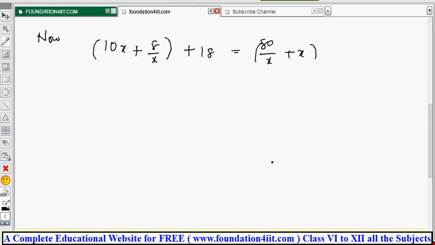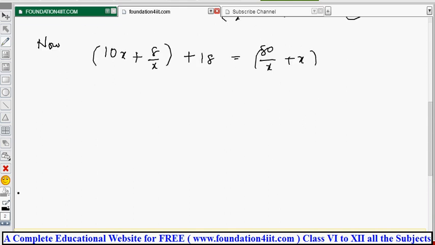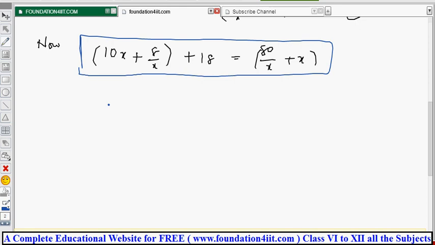Now this condition, if you simplify clearly, we'll get the answer. We'll make this into a quadratic equation first. So this is the main thing from the second statement. Let us simplify this. When we simplify this entirely, we can take the LCM in the bracket: 10x plus 8 by x. So that is (10x square plus 8) divided by x, plus 18, equals (80 plus x square) divided by x.